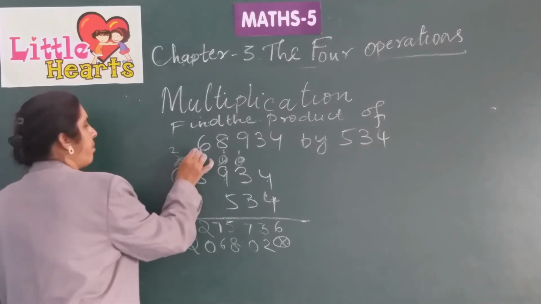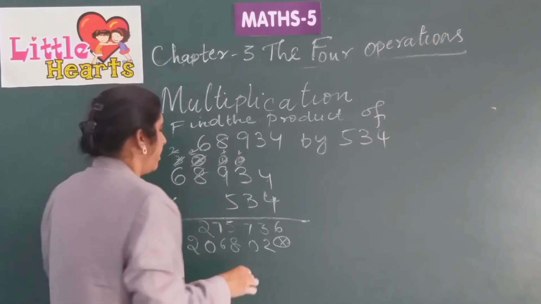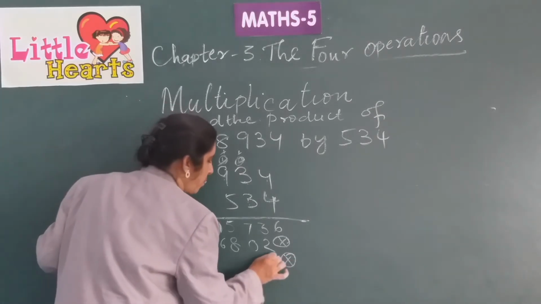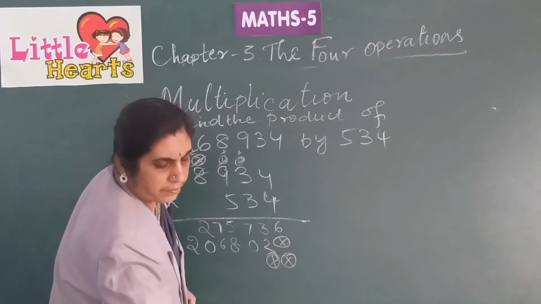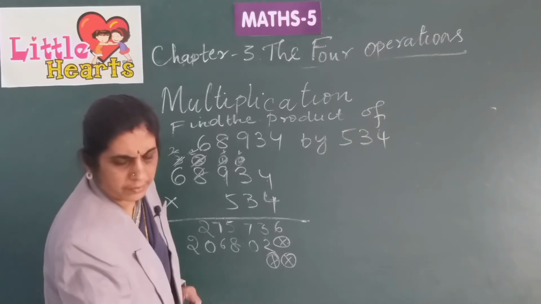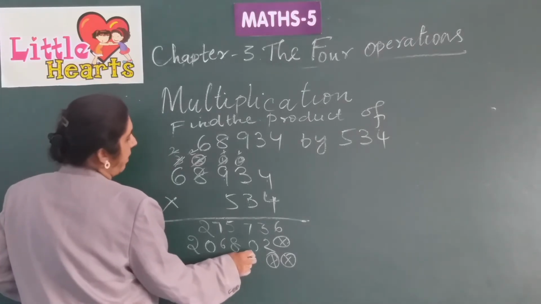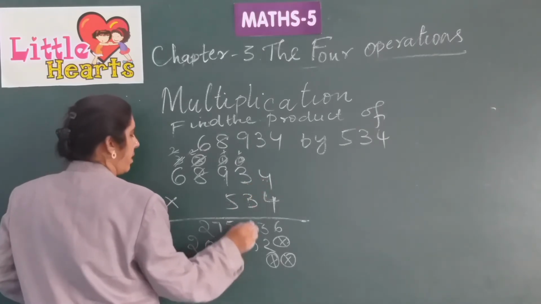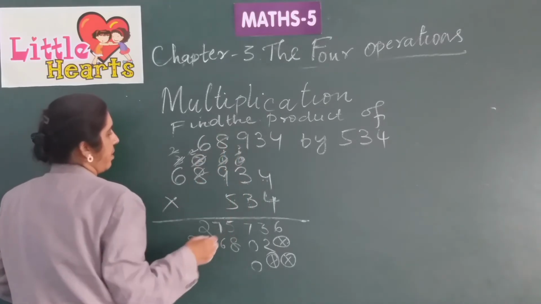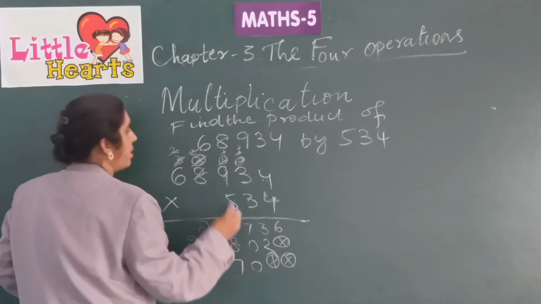When you multiply with the hundreds place digit, start putting the results from the hundreds place only. 5 4s are 20, 2 here. 5 3s are 15 plus 2, 17.